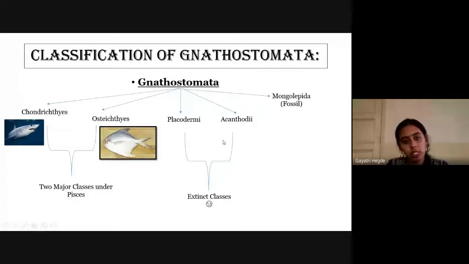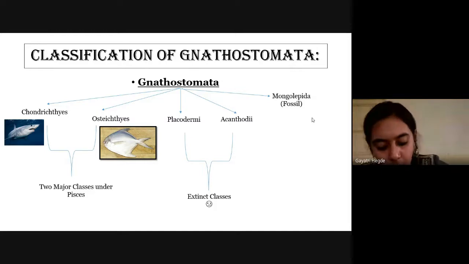Okay, so we will be studying these three: Chondrichthyes, Osteichthyes, and Placodermi. The other two we will not study. But as you know, as evolution happens, we are studying taxonomy, and even if they are extinct, even if they are found in fossil form, they are mentioned in taxonomy. So even if you are going to study only three classes in this chapter, you also have to remember the extinct classes or the fossil classes of any division or any phylum, and whatever taxonomy there is, even if they are extinct, they are known, you have to remember. Any type of questions can be asked.